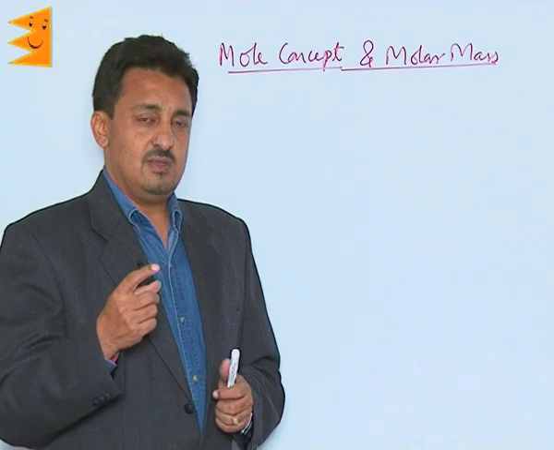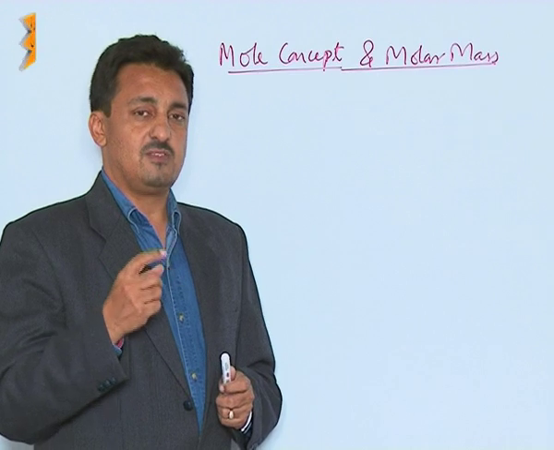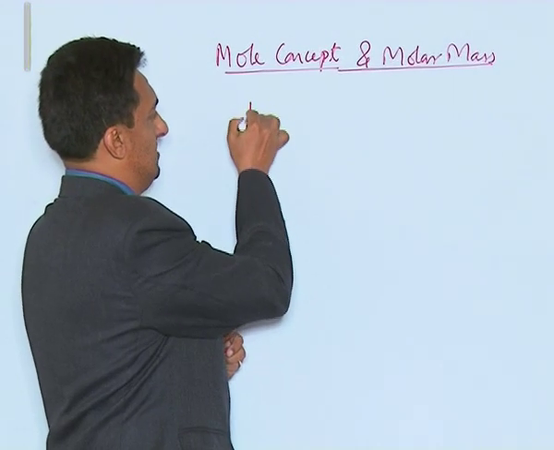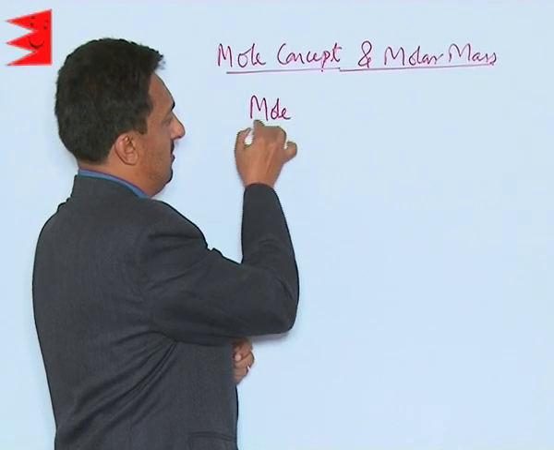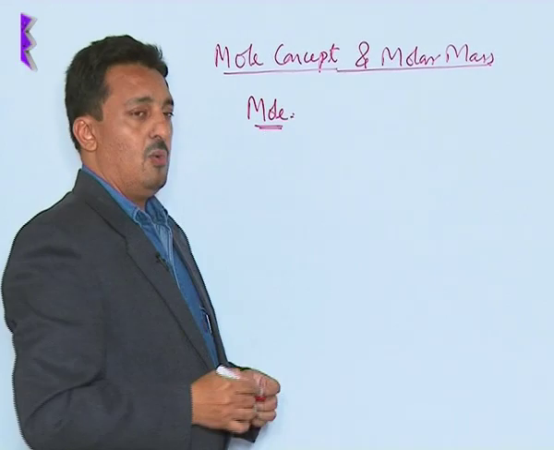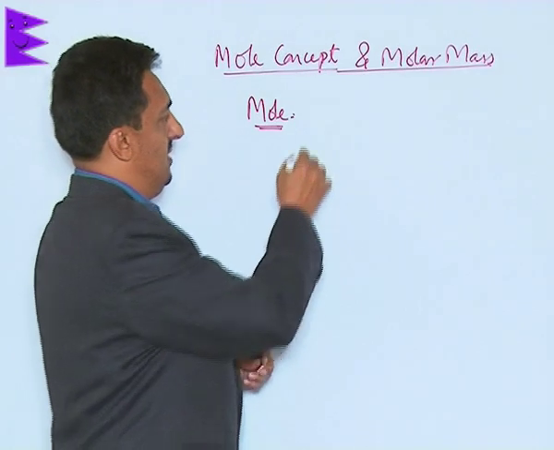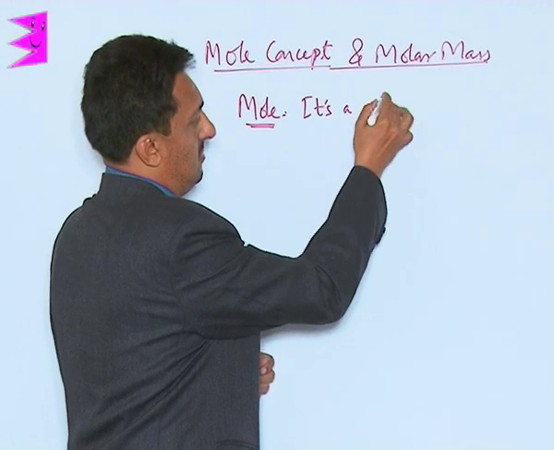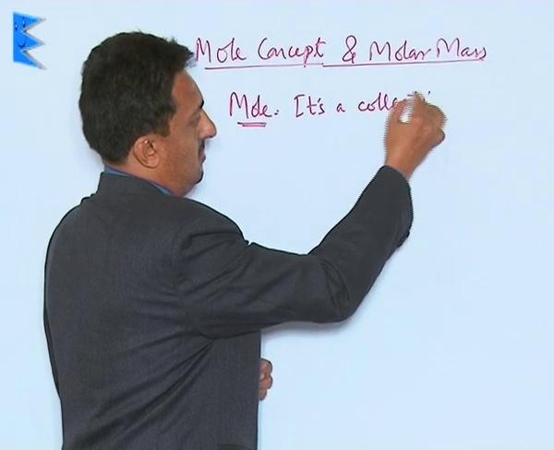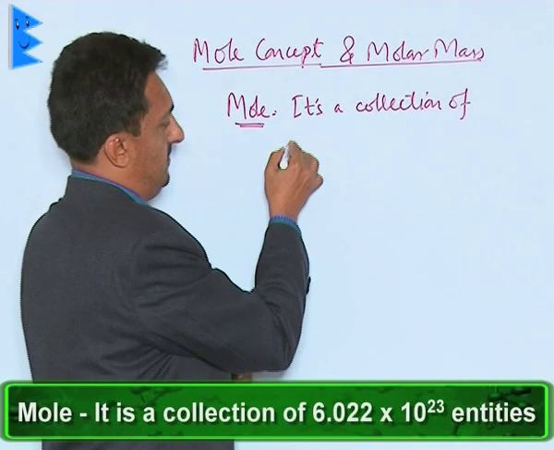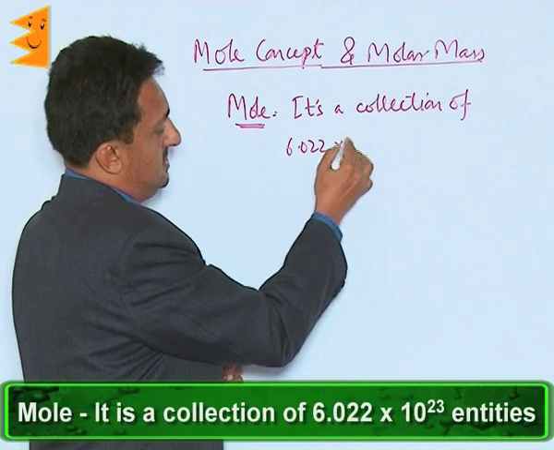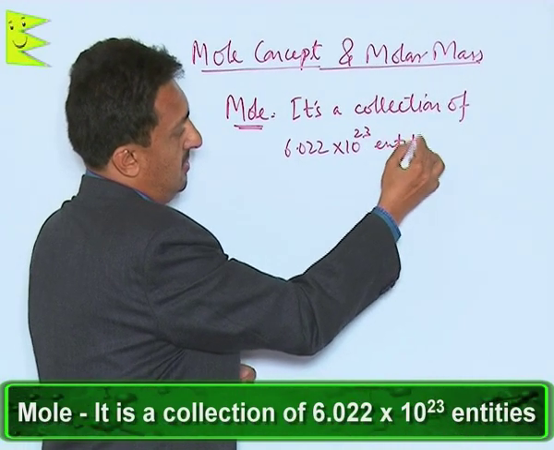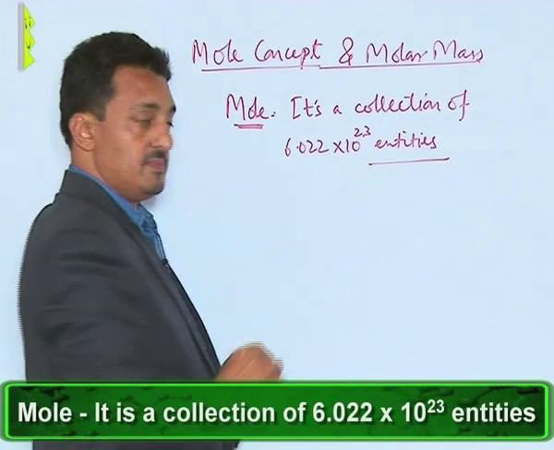Mole concept is first to be understood by a first term, which is actually a simple term called mole. What exactly is a mole? See, it's a collection of 6.022 into 10 to the power 23 entities.